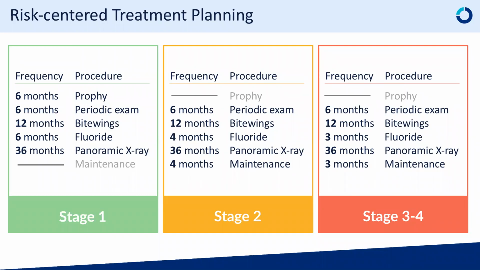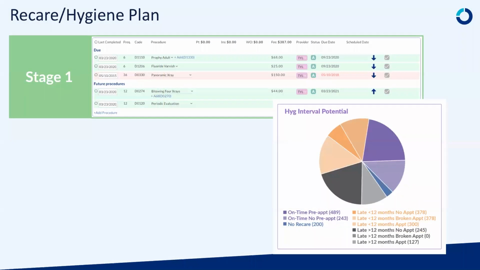For example, stage 1 will automatically default to a 6 month prophy, versus stage 2, which will remove the prophy from the Recare plan and add a perio maintenance as an option for the patient, versus stage 3 and 4, which is the highest risk and will automatically add a maintenance at 3 months, for example. So the system will encourage different types of procedures based on the risks, which feeds into your hygiene or Recare plan that you will see on the patient's treatment plan page.